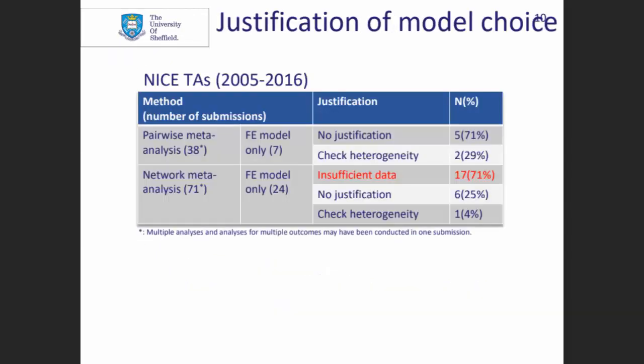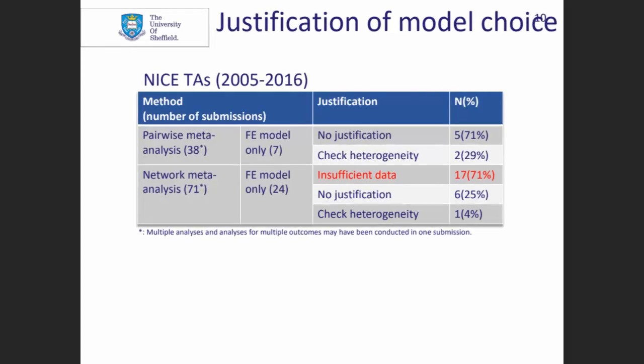So I've done a small review looking at the NICE technology appraisals between 2005 and 2016 to look at what model has been used and what kind of justifications was provided for the model choice.